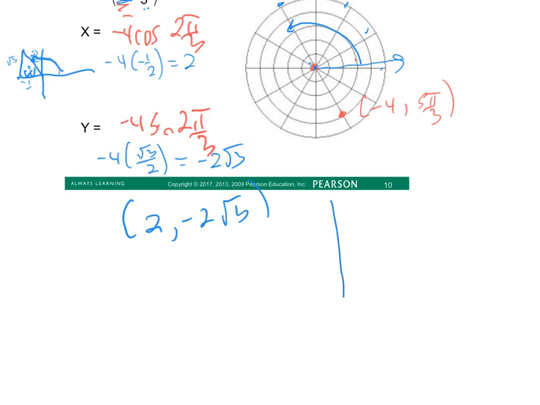Interesting thing. Let's look how it looks. 2, and go down. 2 times 1.7-ish, 3.4, 1, 2, 3, 4. Right around here. Wow. Looks like the same point. What a coincidence.